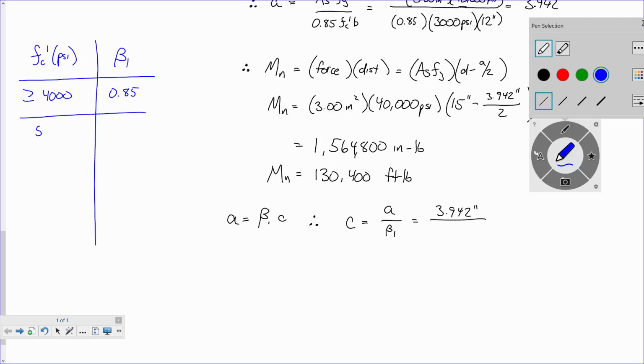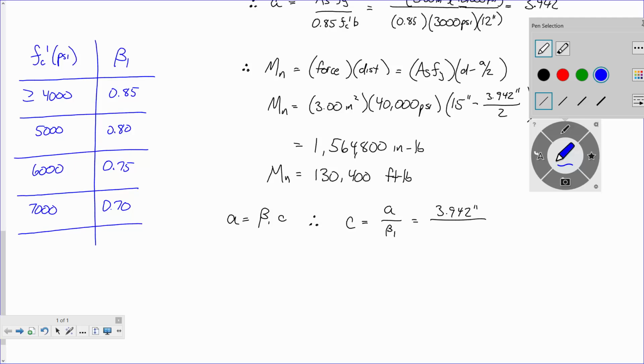So if this was 5,000, this becomes 0.8. You drop 1,000, this becomes 0.75. Or add 1,000, I guess you'd say you drop 0.05. Oops, my symbols, that's supposed to be less than or equal. If this is greater than or equal to 8,000, it stops at 0.65. Y'all remember that?